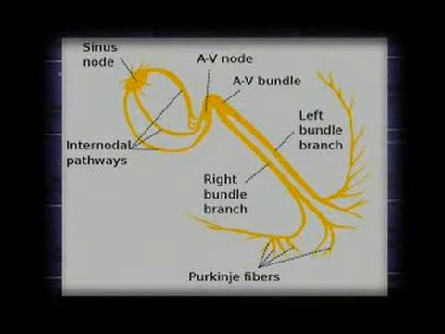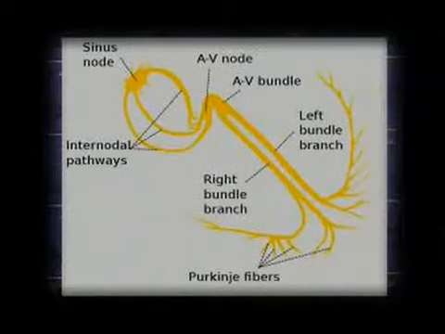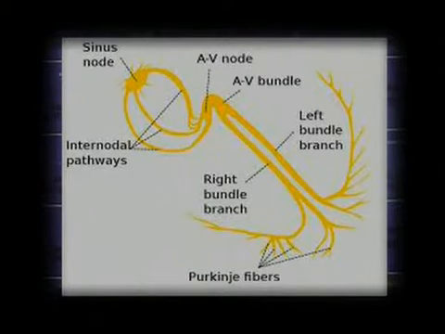These are SA nodes and AV nodes. These are the pacesetters. So, there is a conducting system which contains the SA node, then there is an internodal pathway, and there is the AV node, or atrioventricular node, and from the atrioventricular node there is the atrioventricular bundle, or bundle of His.